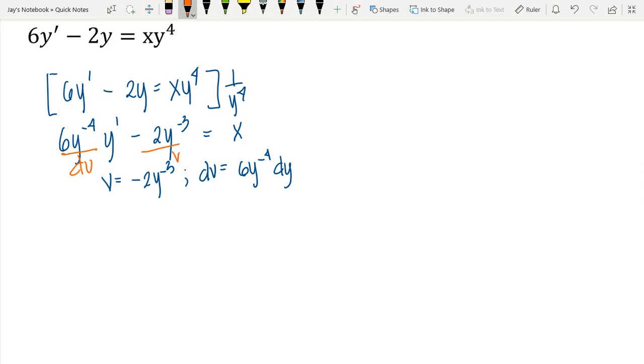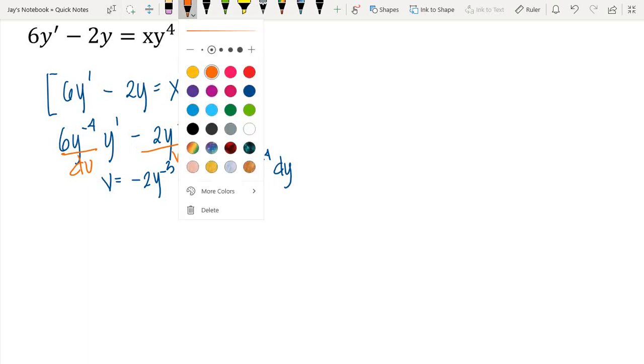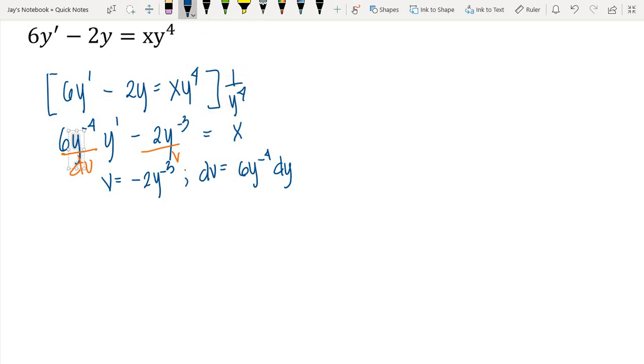We can now eliminate all the variable y and substitute it by introducing the variable v. Then we can now express our equation as dv plus v is equal to x.